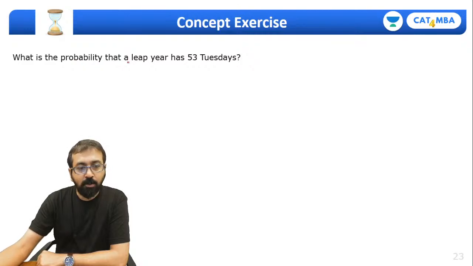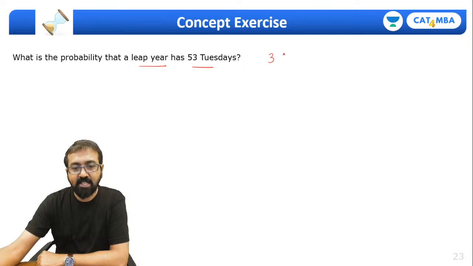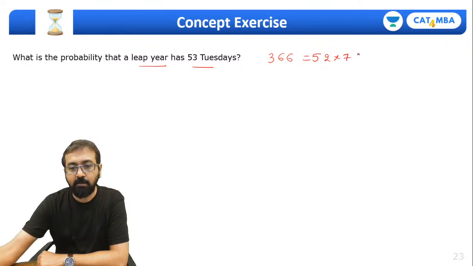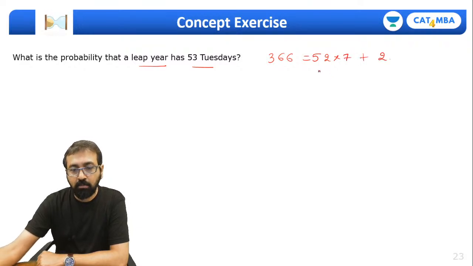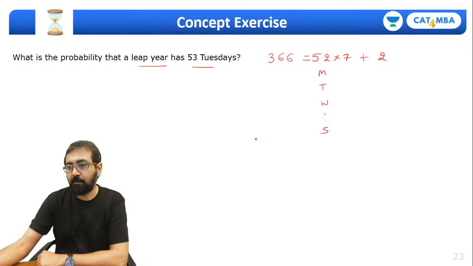What is the probability that a leap year has 53 Tuesdays? Guys, now please understand once again, a leap year has 366 days, which is equal to 52 into 7 plus 2. That means there will be 52 Mondays, 52 Tuesdays, 52 Wednesdays, up to 52 Sundays, right?